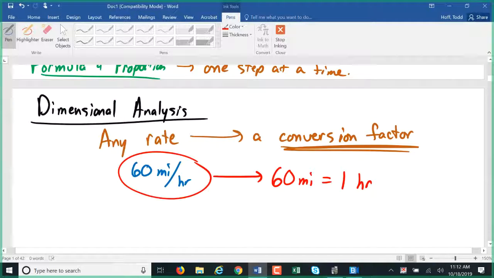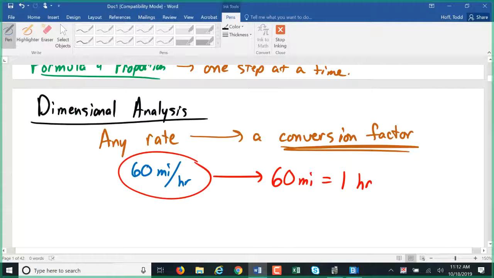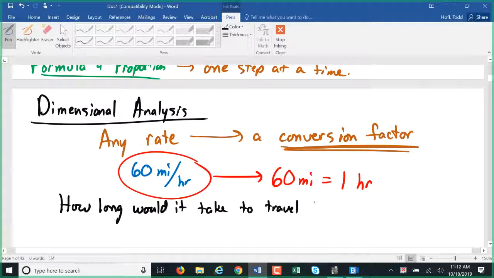Or the other way around, 1 hour is equivalent to 60 miles. And we can use that conversion factor if we're asked, how long would it take to travel 420 miles?